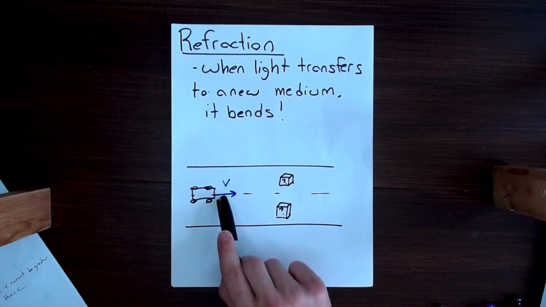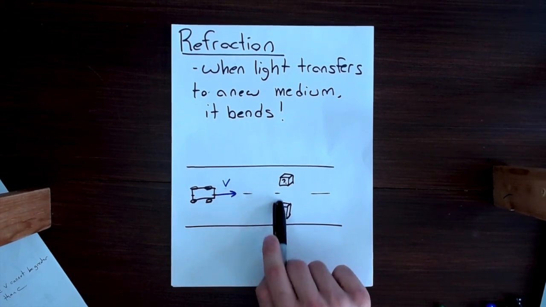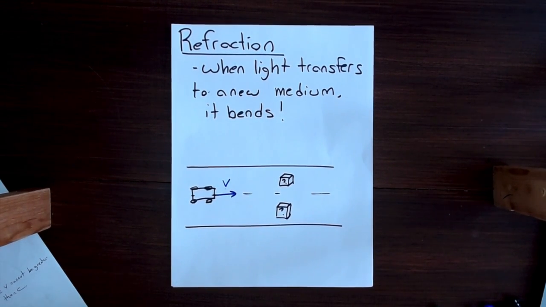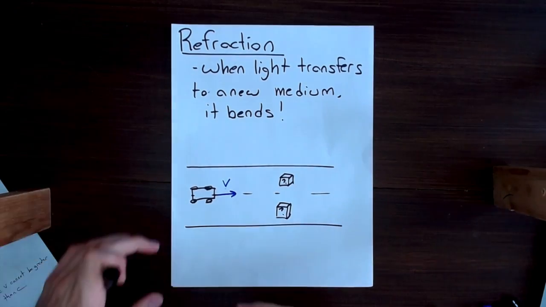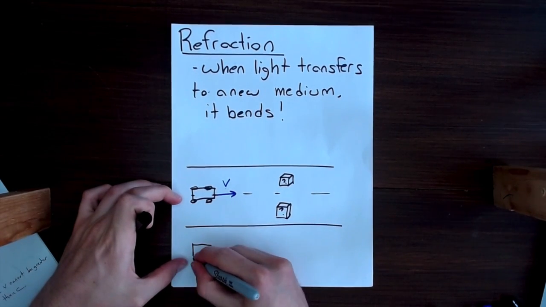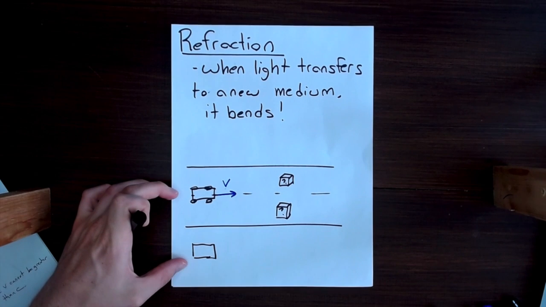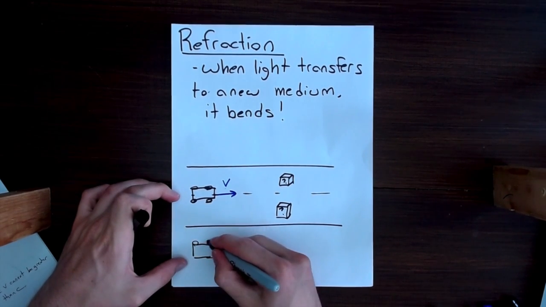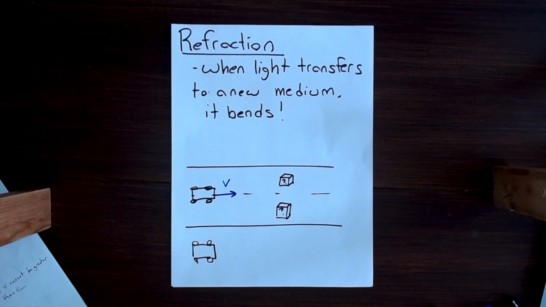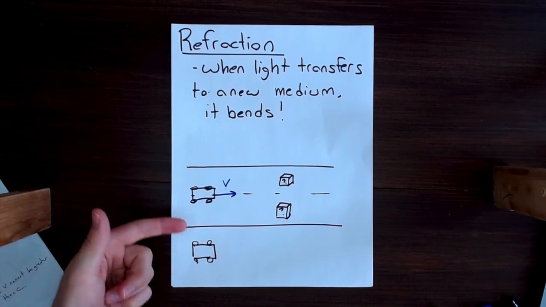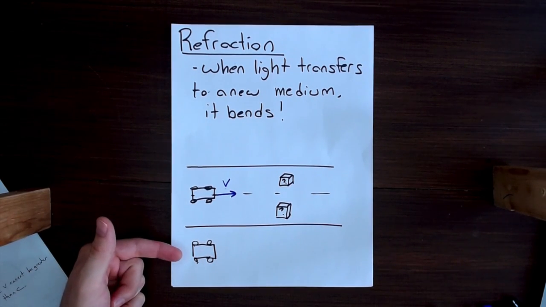So the cart travels here, and the goal is to get one of these boxes. You all know from playing this game that if your cart is somewhere over here, right here are your wheels, you're now off of the track. You're like on the dirt or the grass or something.